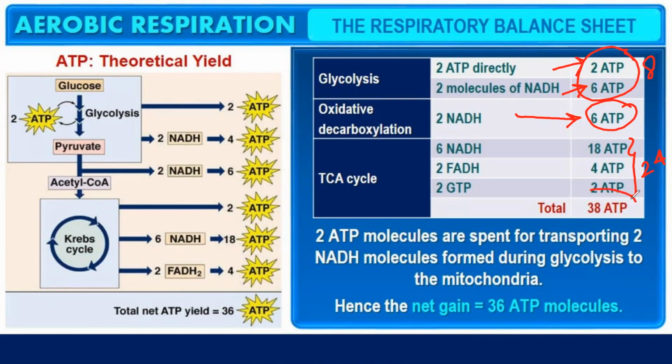If we sum up, from a single molecule of glucose, we have 38 molecules of ATP. 2 ATP molecules are spent for transporting the 2 NADH molecules formed during glycolysis into the mitochondria, and hence the net gain is 36 molecules of ATP.